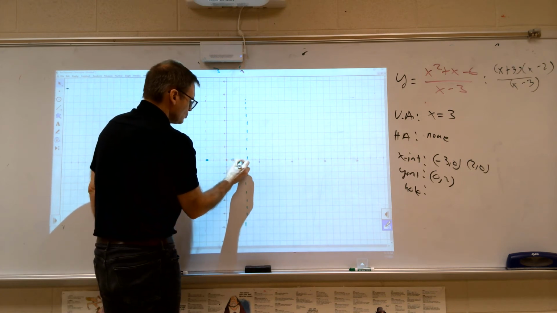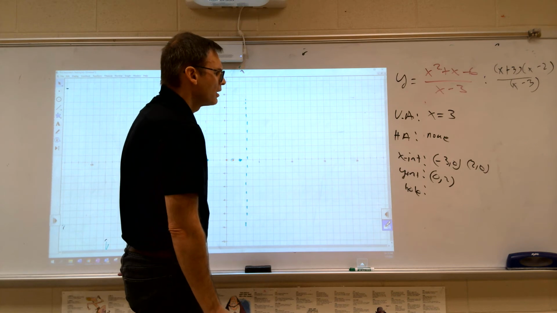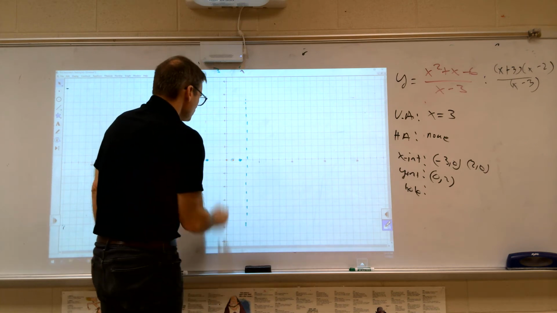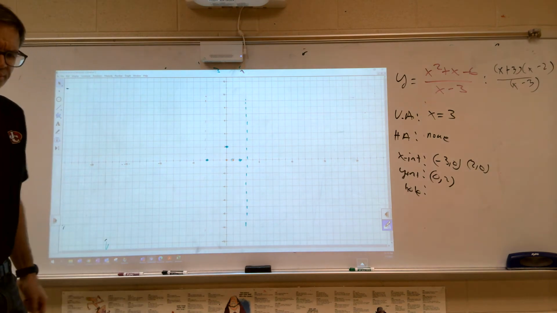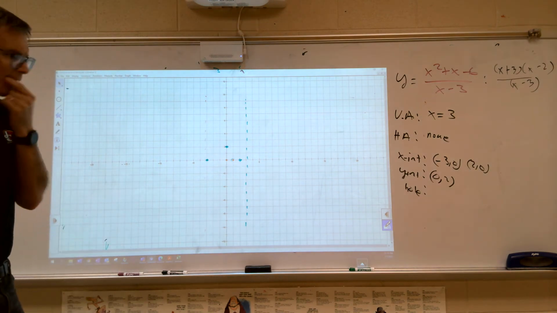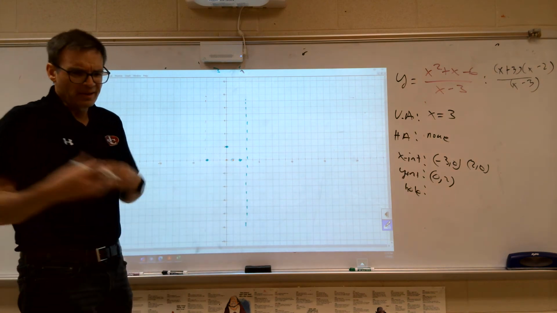And a y-intercept at 0, 2. Okay, so what good does that do? We have a vertical asymptote, and we've plotted the x- and y-intercepts.